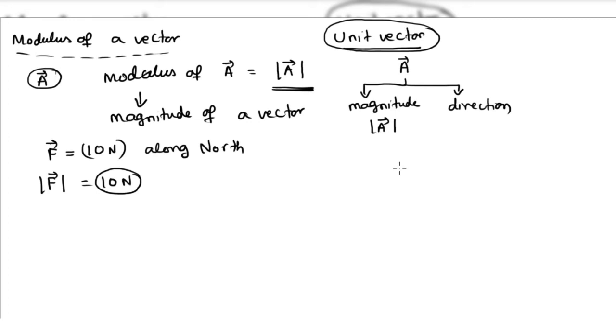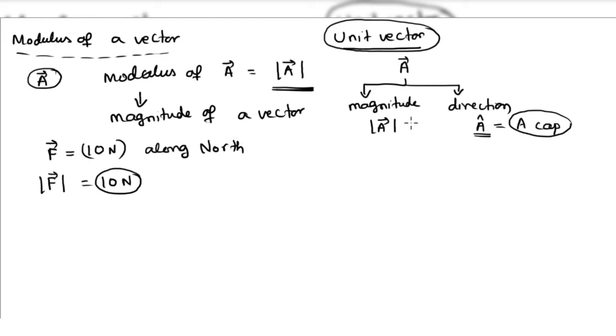And what is the symbol of unit vector of vector A? It is written as A and a symbol like this. You can read this as A cap. So A cap is the unit vector, and this unit vector represents the direction of vector A.